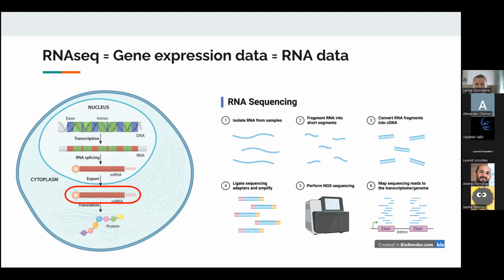Sometimes reads come not from the genes. That's okay, because we don't know exactly what all the functions of all the nucleotides in our genome are. But most of the time we are interested in the genes, and we map these reads to the genes, and we count how many reads and how many expected molecules will be found in our sample.